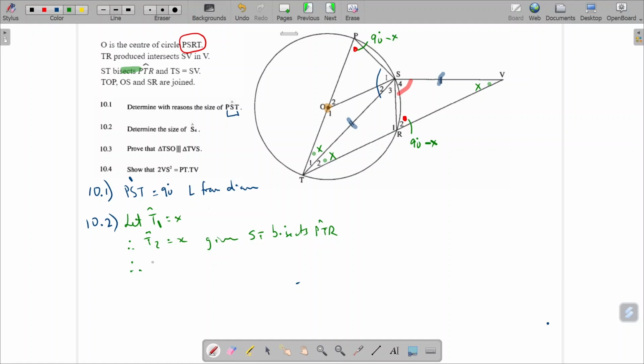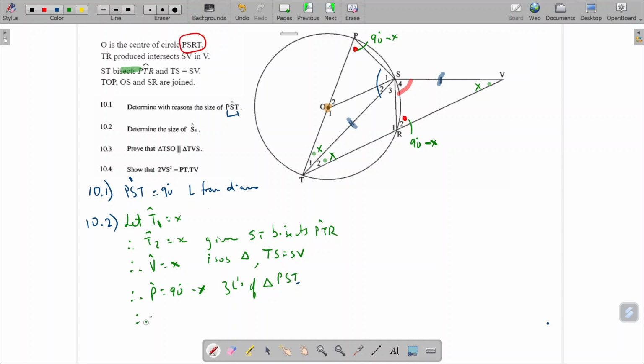We then had, therefore, V equaled x because of the isosceles triangle with TS equaling SV. It followed that, therefore, P equaled 90 minus x by 3 angles of the triangle with the right angle in it from earlier, so of triangle PST.